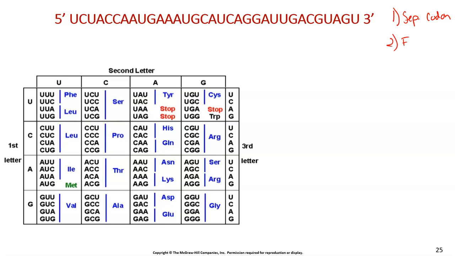The second step is to find the start. The third step is to translate them. Use the key below to translate them. And the fourth one is to stop. Simple as that. Separate the codons, find the starting codon, translate everything in the middle, and then stop. I'll give you about 5 seconds and then I'll start this problem, so you can pause it at this point.